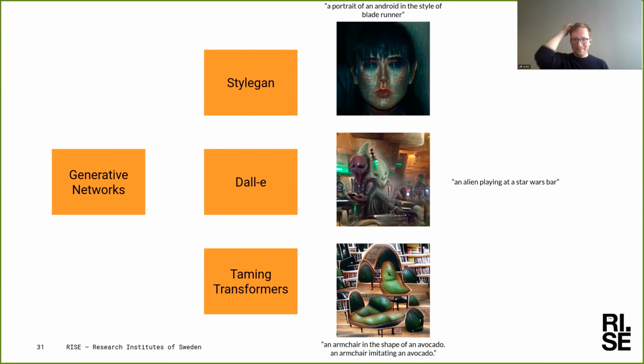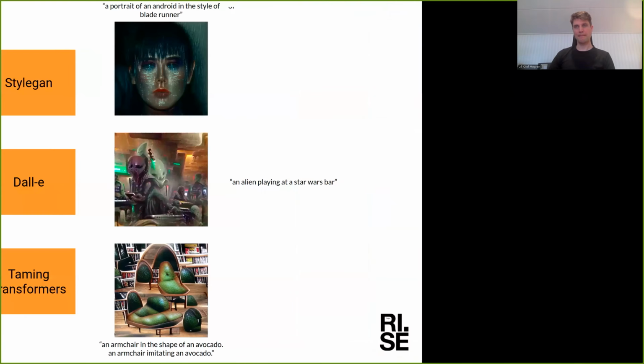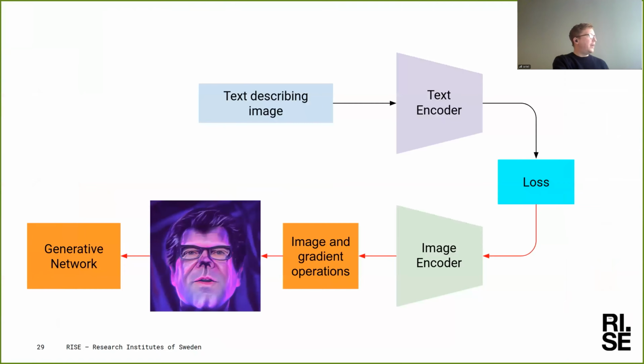Did you say how you connect the generative model to the Clip model? Not exactly. Basically, you create an image from the generative model, and then you feed it through these operations where you cut it up into pieces, and depending on the model, maybe you do not want to use the gradient, for example.